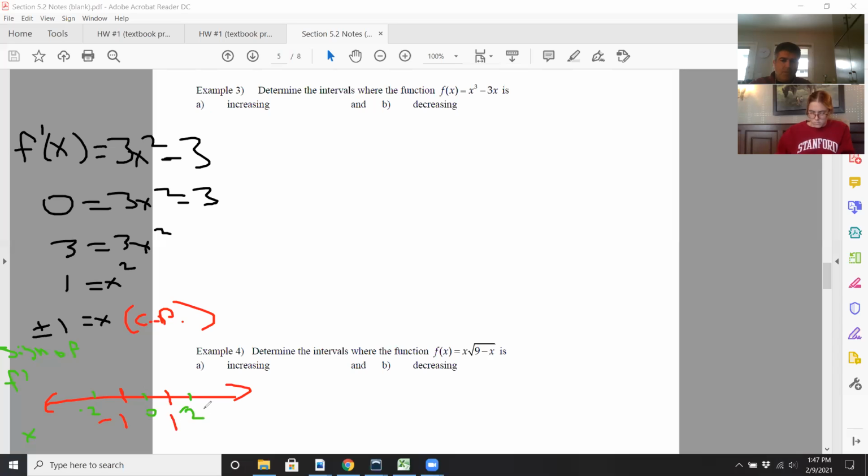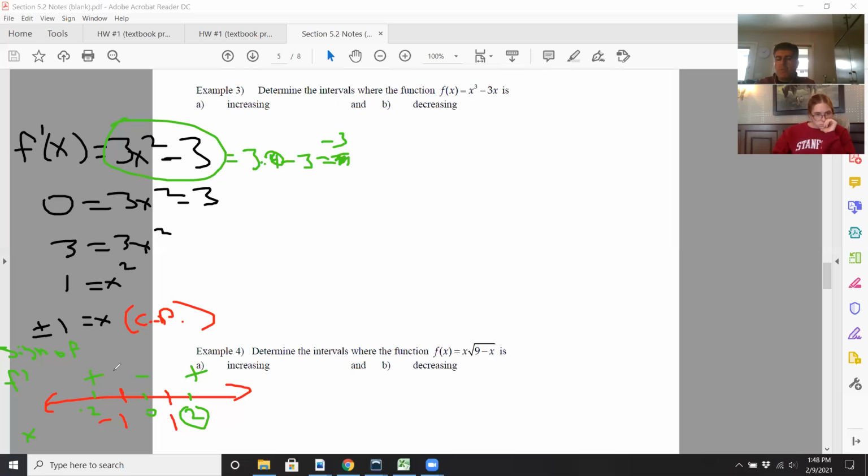For example, let's plug 2 into the derivative. If I plug in 2 in this derivative, I get 3 times 4 minus 3. So the answer is 9. That's positive. If I plug in 0, I get negative 3, so it's negative here. If I put in negative 2, it's also going to be positive.